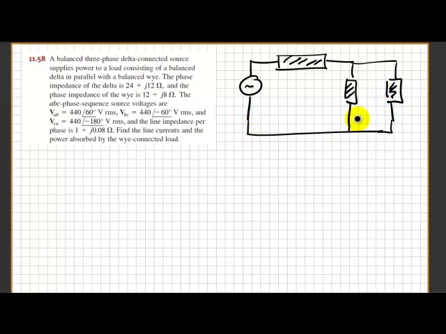So this will look something like this is a ZY, and then this is a Z delta. So the phase impedance of the delta is 24 plus j12.